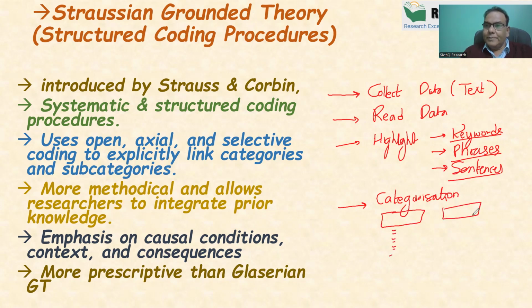This is another category, with its important sentences and keywords. Similarly, this. These boxes are known as themes. Theme 1, theme 2, theme 3. This process is known as the categorization process. And then the next process is known as relationship.